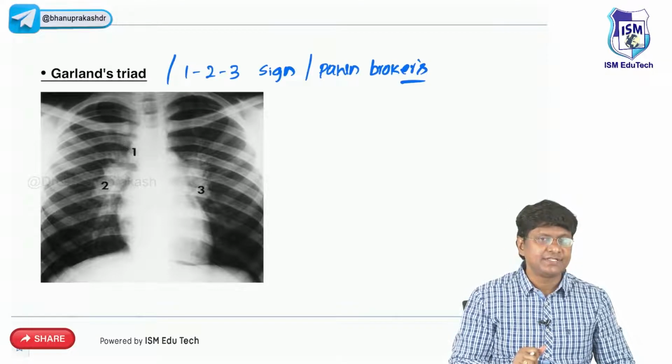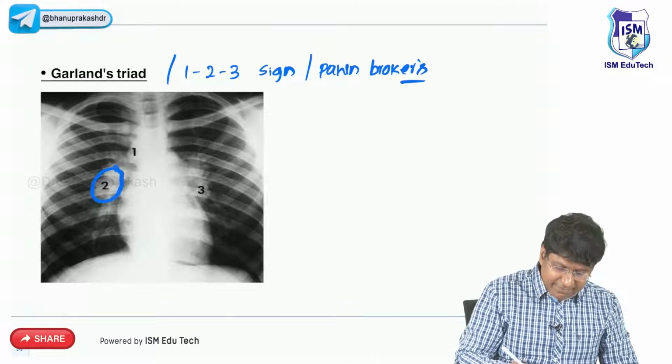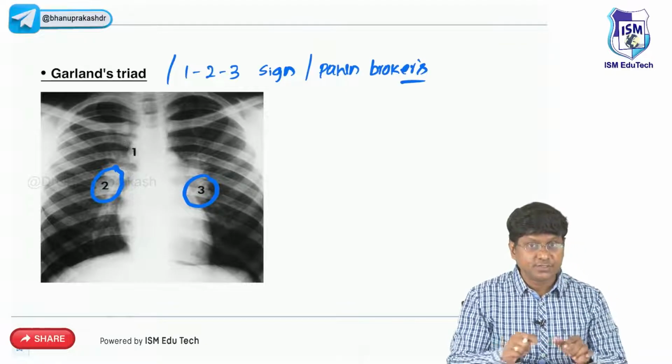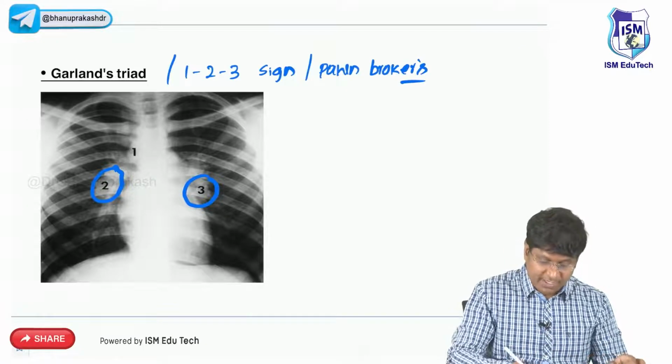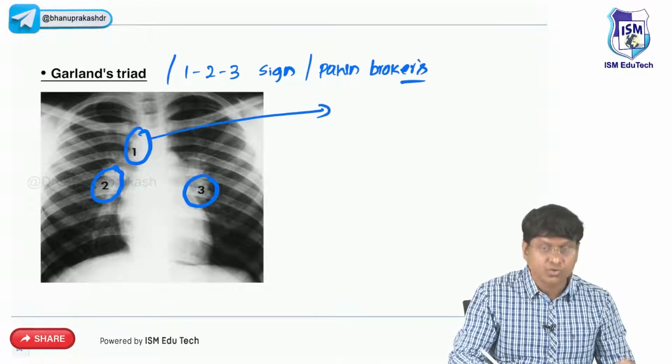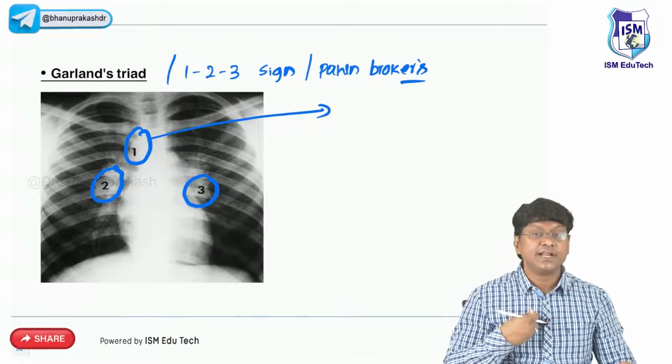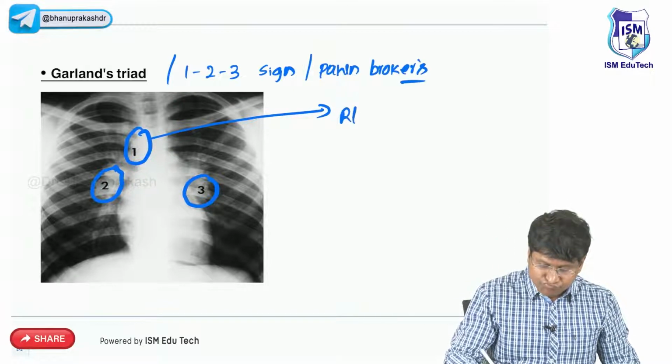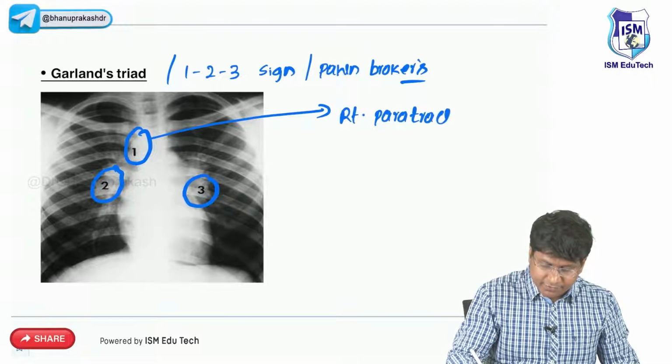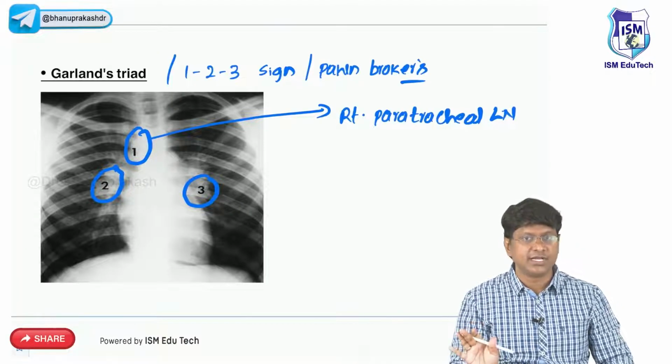So what exactly happens here? Along with bilateral hilar lymphadenopathy, there is also enlargement of the right paratracheal lymph node. Okay, so this is your Garland's triad.